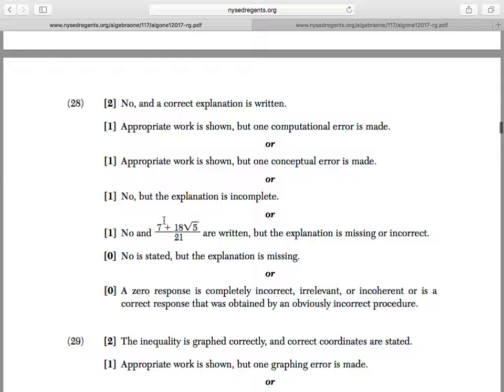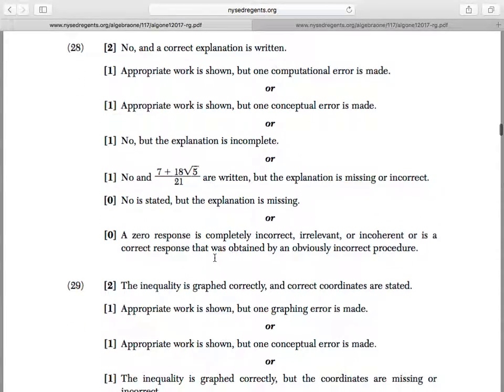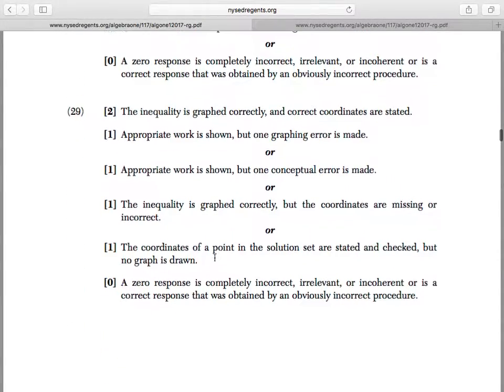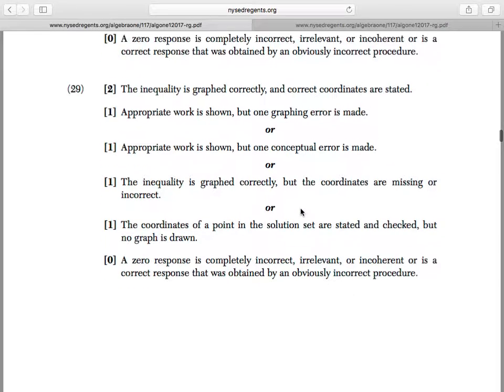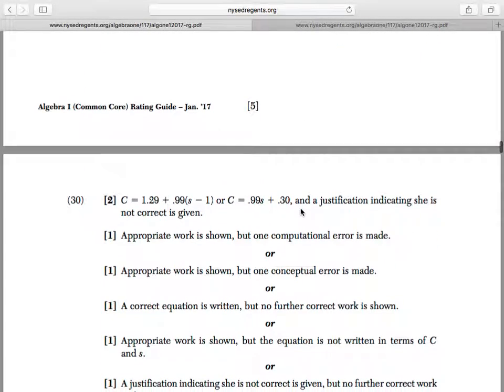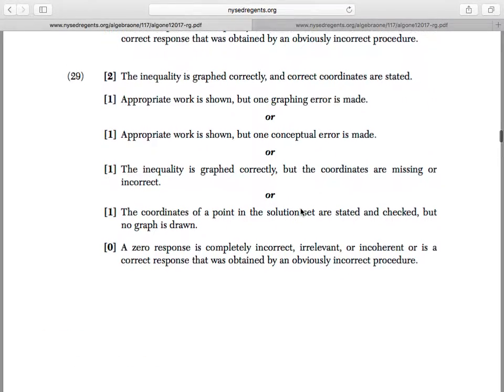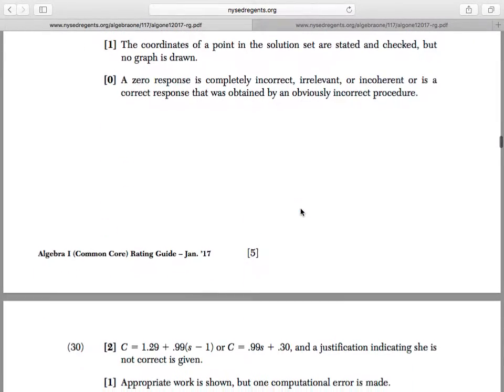Remember, no explanation, 0. Number 29, I have to graph it correctly. I know you can't really tell what is correct or not, and correct coordinates are stated. That was 29: correct inequality graph and coordinates stated.